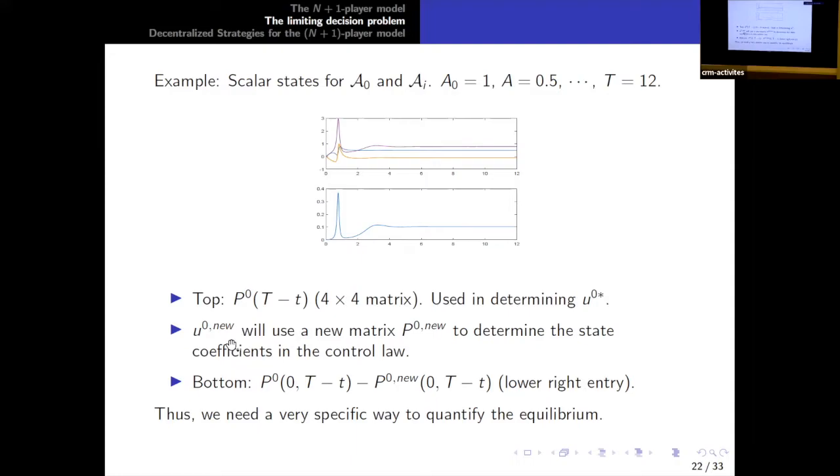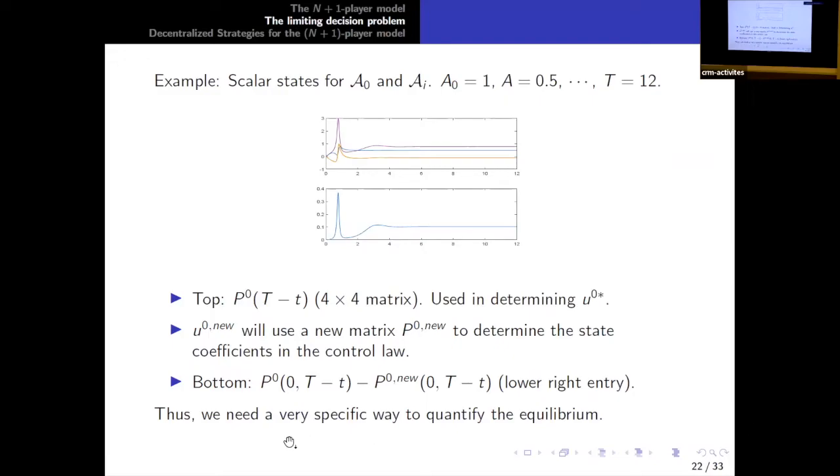Okay, in the end, it will come up with a new control law. Okay, so here we can see this difference or the revision of its strategy. Okay, so in this case, you can see nobody will really have confidence in this recommended plan. Okay, so it's actually a time inconsistency problem.